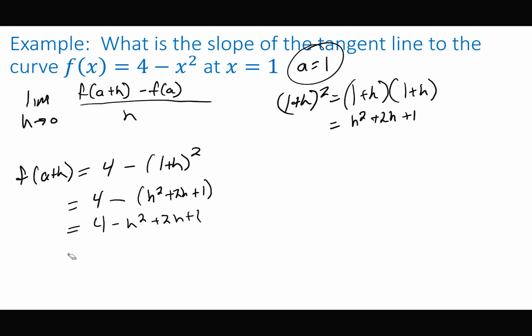Let's stop right there. And then f of a, if we were to evaluate f of a, is going to be 4 minus a squared. But we know a is 1, so 4 minus 1 squared to get 3.